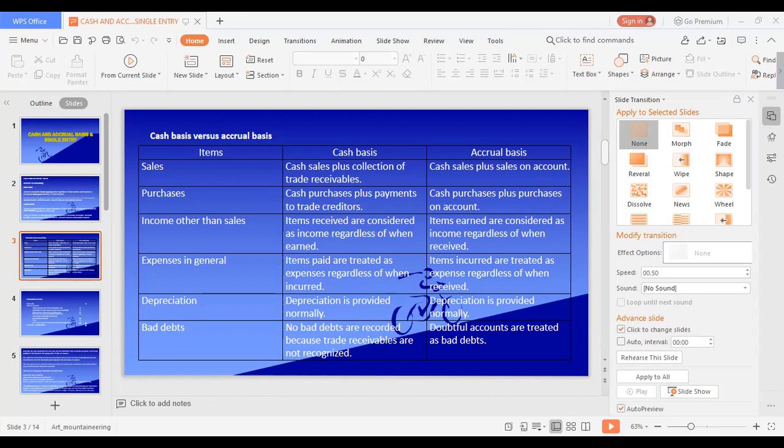Again, we are still discussing single entry. For single entry accounting, we will involve the multiple choice problems 1 to 14. So question number 1 in the multiple choice, how much is the amount of net income?